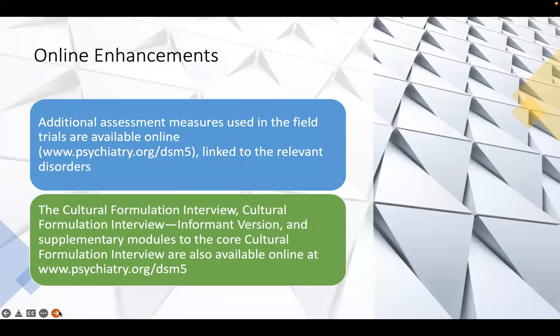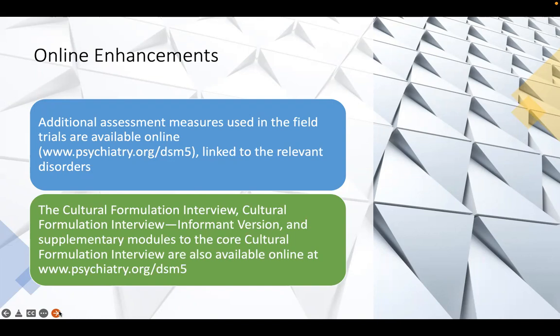So the DSM-5 includes some online tools for you. The book itself is nearly 1,000 pages, but it does offer some assessment help for you, some assessment support, supplementary content for you at psychiatry.org, I think that's just DSM-5. And it gives you connection to the relevant diagnoses with that. And then there are 2 forms of the cultural formulation interview.